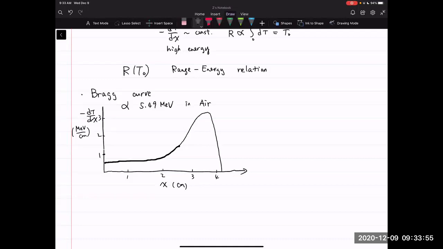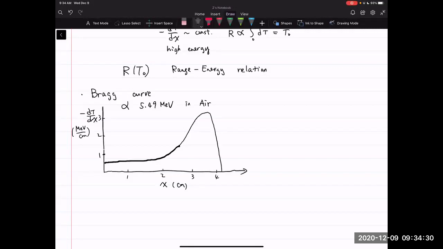Further back, the reason is that the loss of energy per unit length is related to the time the particle spends in that unit length. Initially, the charged particle has a very high speed, so the time to interact with the electrons is short. That's why it doesn't lose a lot of energy initially. Then when the charged particle gets slowed down, it has more time to interact with the electrons, and that causes the stopping power to increase dramatically.